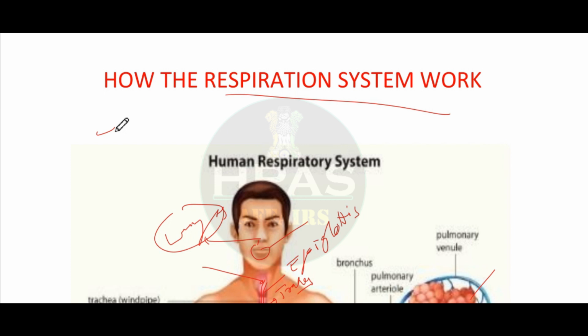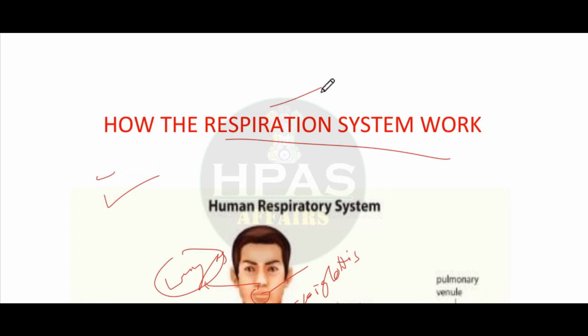And when this air reaches the digestive system, it has another job: it helps in digestion and decomposes glucose into other smaller components. So this is the full process of how the respiratory system works.